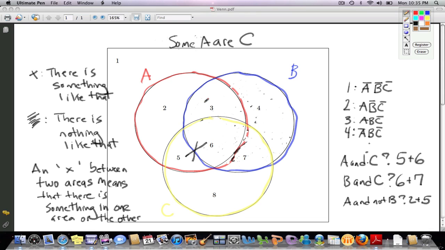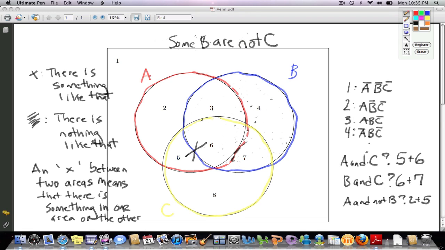Okay, but let's do a slightly different claim for our O claim. We'll change it to some B are not C. Think about how you would diagram that. It's an existence claim.